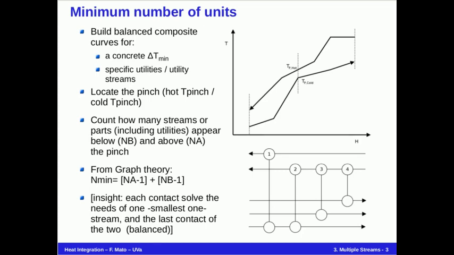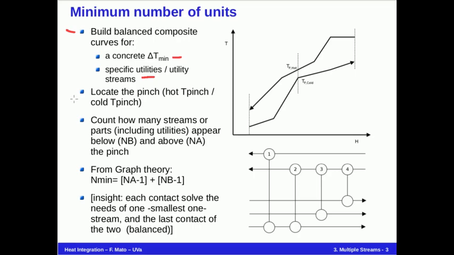The procedure to calculate it is: first, build the balanced composite curve for a concrete minimum approach and some specific utility or utility streams, for example this boiler at 2 bar and this cooling water from this to that temperature. These give us some specific combined composite curves.